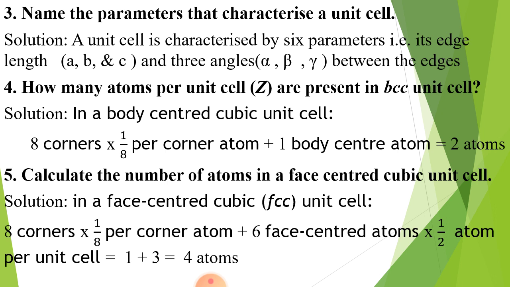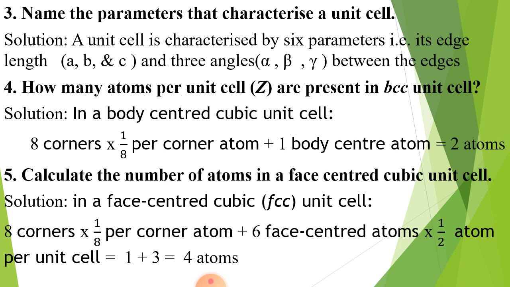Now question number 5. Calculate the number of atoms in a face centered cubic unit cell, that is FCC. Solution: like question number 4, in FCC there are also 8 corners and the contribution of one corner is 1/8 per corner atom, and 6 faces are present.